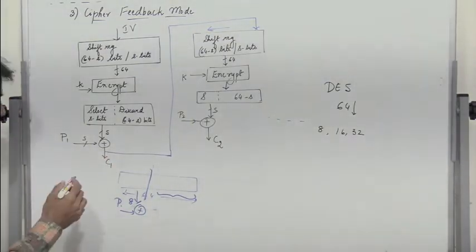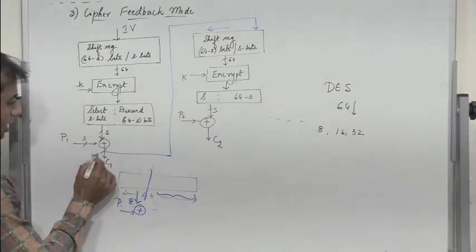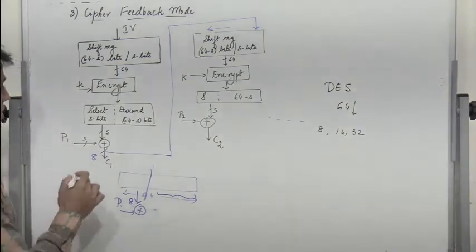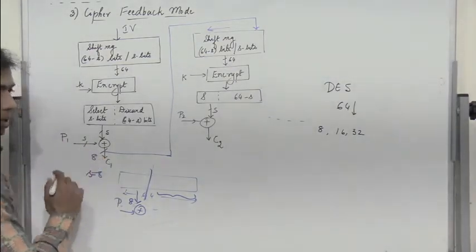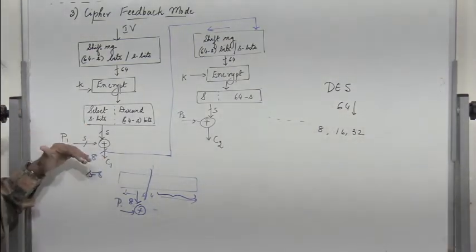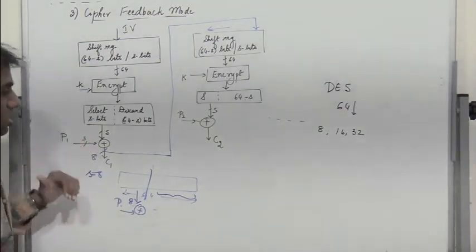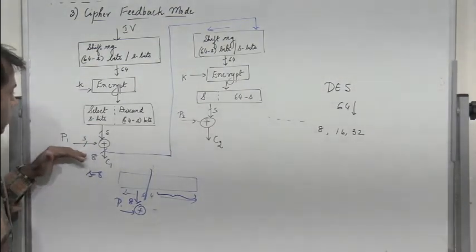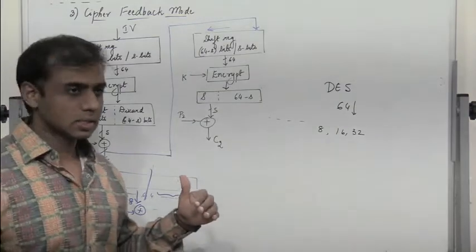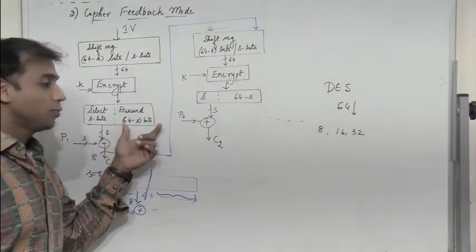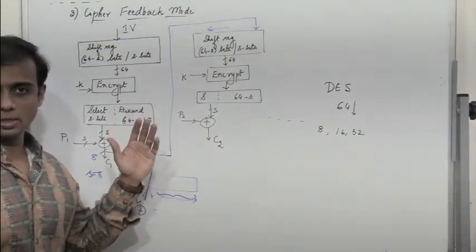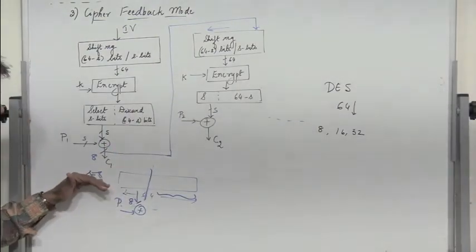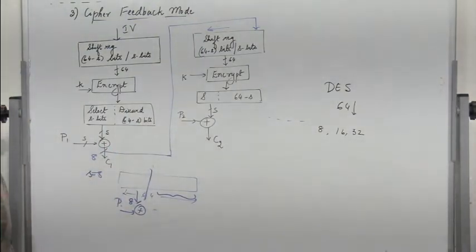So ciphertext C1 is 8 bits because S is equal to 8. If I choose S to be 16, then we choose 16 bits, which is XORed with 16 bits of the plain text, and the remaining bits, 64 minus 16 bits, are discarded. And C1 would be of length 16.